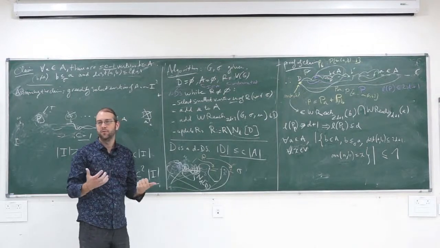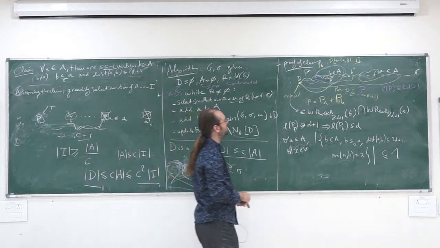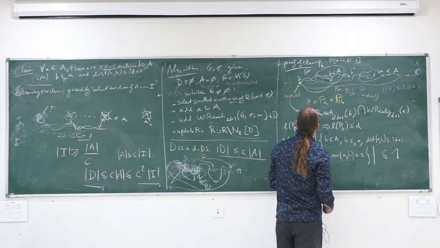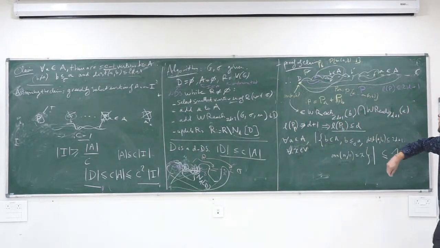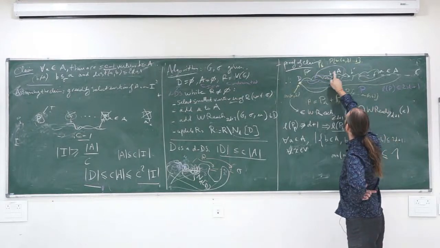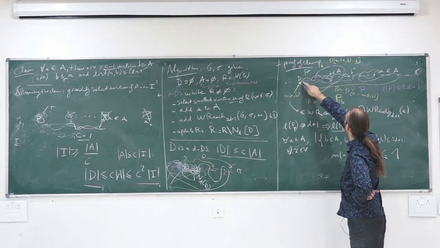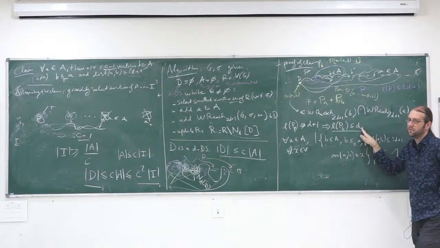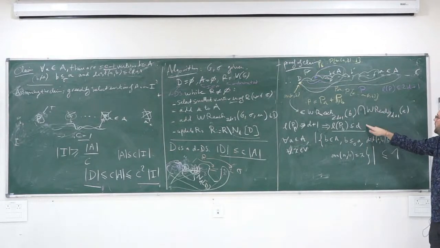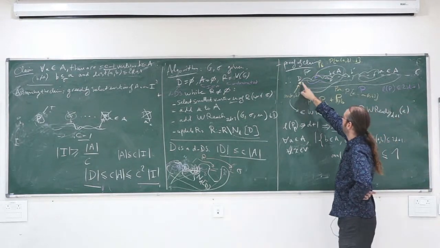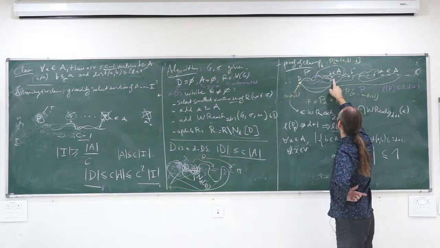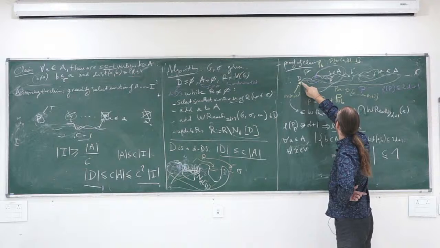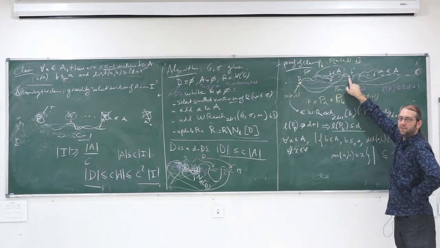But then same argument as before. Because of this, we know that this path between this and b prime is at most d. That's why I proved it before. So it means when I included this guy in A, I should have removed this b prime at this stage.